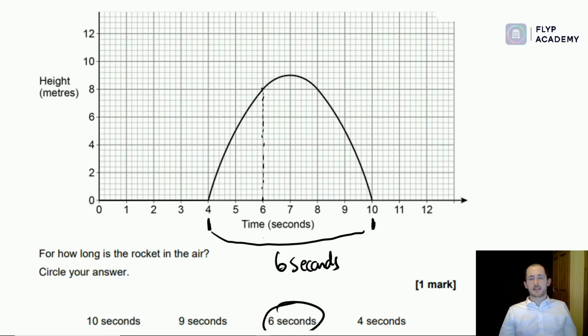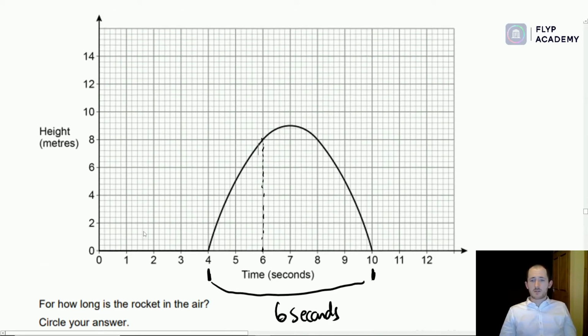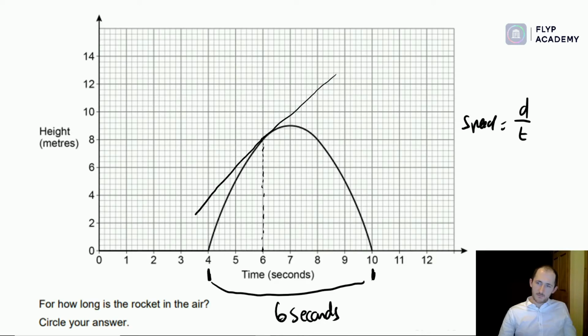And now in this context, how can we work out speed? Well, speed equals distance over time, which, if I do it here, is going to be the gradient at this point. So the best way to do it is you draw a line that touches, and then you're working out the gradient of this line, and that will give you an estimate for speed.